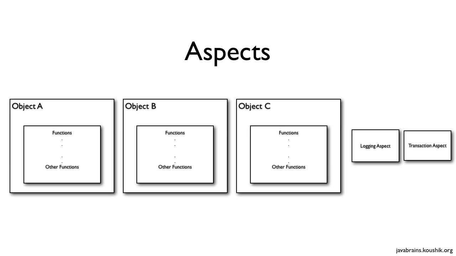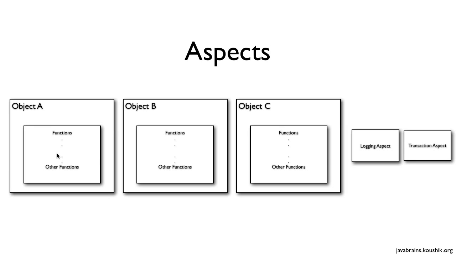Now you might ask, how is this different from having a separate object? You would have an object for logging, instead you're having an aspect for logging. Now how is it different? The difference is in the second point here. After creating these separate aspects, what you do is you do not reference these aspects in your code.